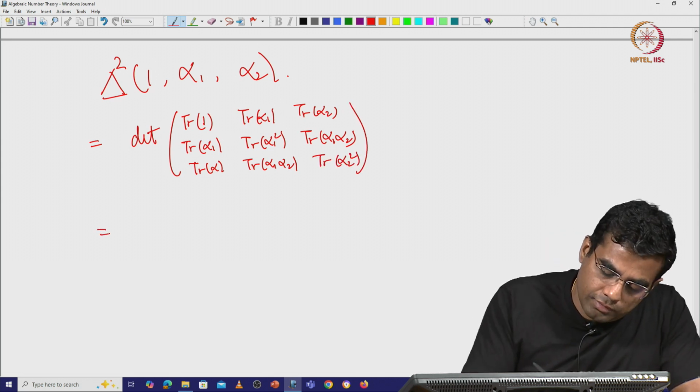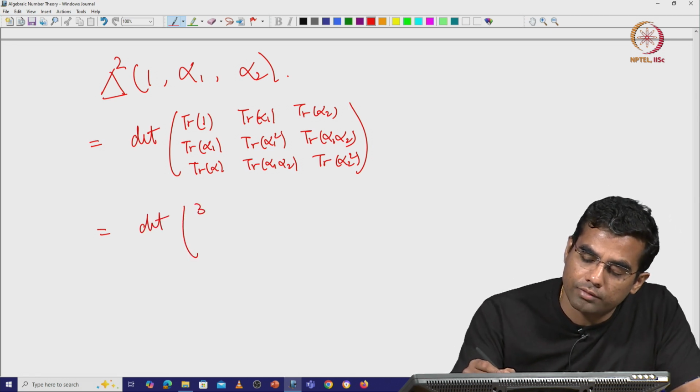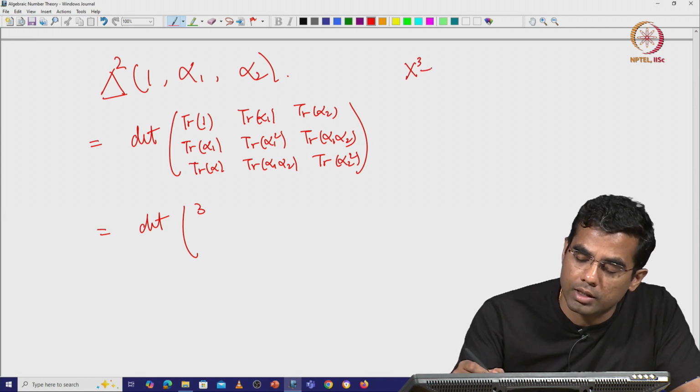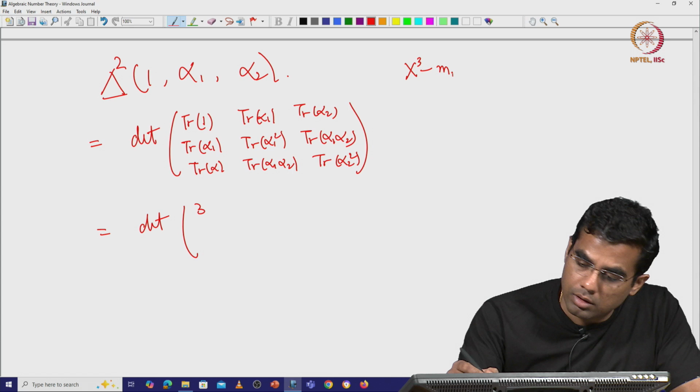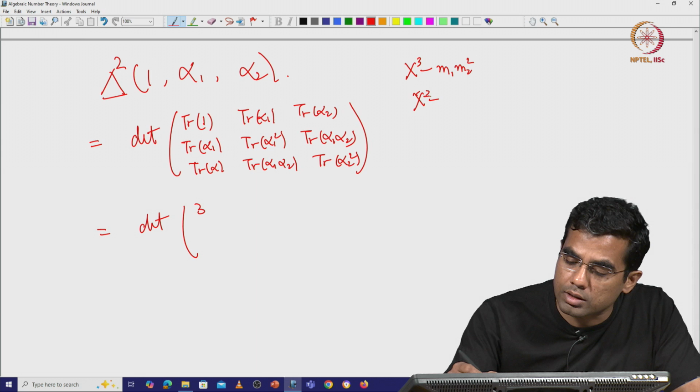So what is trace of 1? This is simply 3. What is the minimal polynomial of alpha 1? It is x cubed minus M1 M2 squared, and the minimal polynomial for alpha 2 is x cubed minus M1 squared M2.